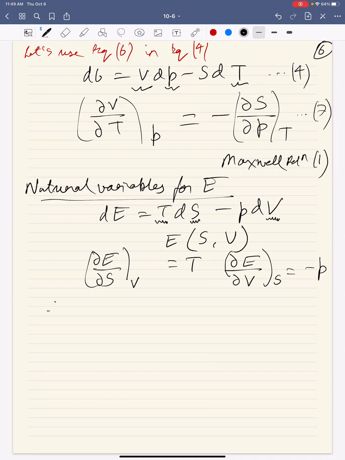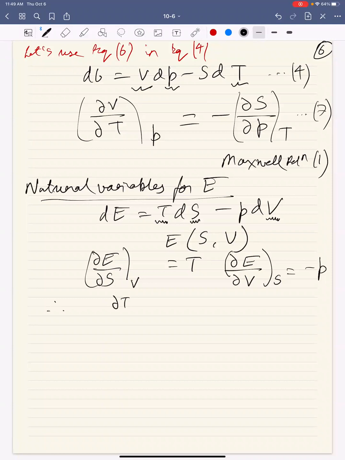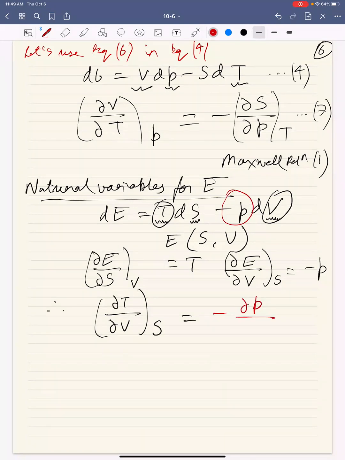So therefore, partial T by partial volume at constant entropy is equal to minus partial P by partial S at constant volume. This is equation number 8, and we call it Maxwell relation number 2.